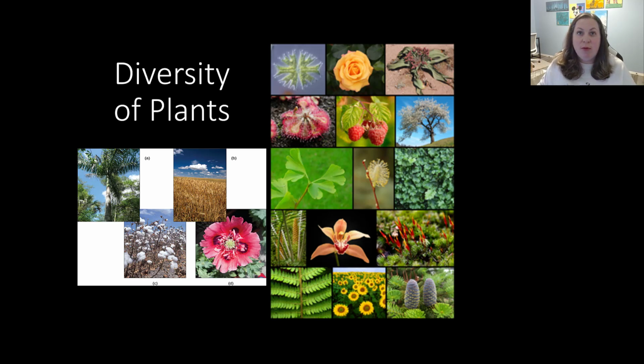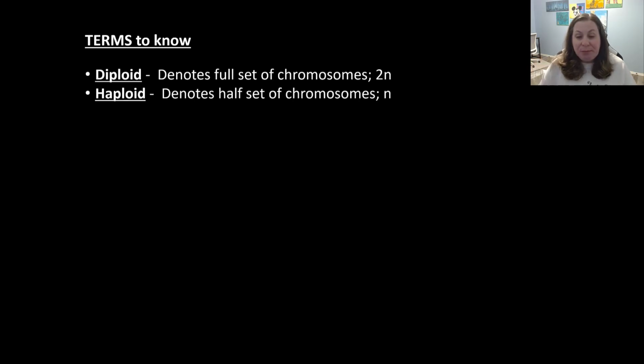Now, before we really get started, we're going to have to know some terms. These terms are going to be important when we're talking about plants. So for one, we need to know diploid and haploid. If you've already taken a biology 1 or you've done some stuff with genetics, you should know these terms already. Diploid denotes that you have a full set of chromosomes, and we represent this in a math equation as 2n.